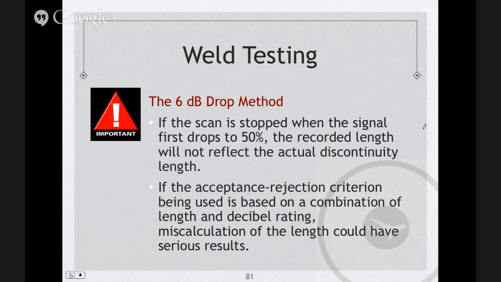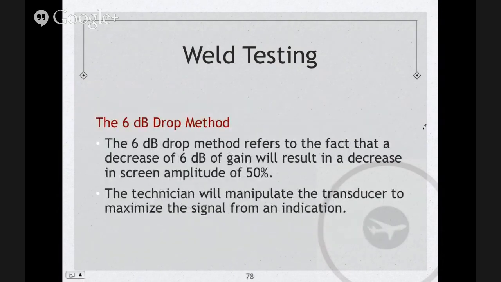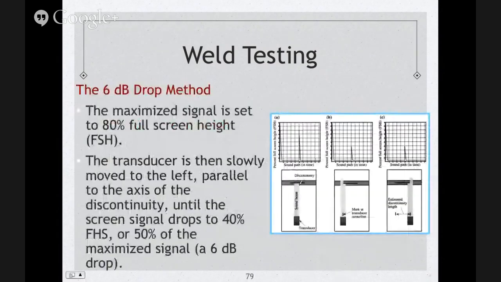If the acceptance-rejection criterion being used is based on the combination of length and decibel rating, miscalculation of the length could have serious results, right? So if we have a perfect straight line discontinuity like we have here, then we probably won't have much of a problem.